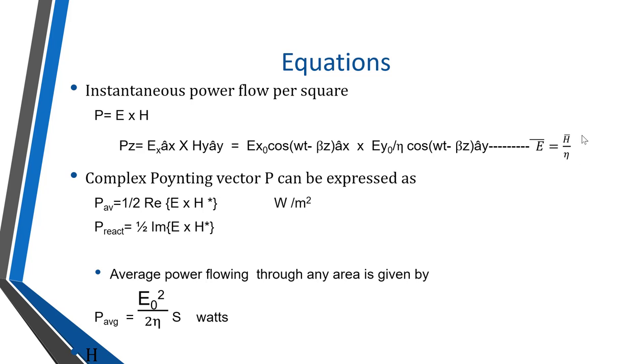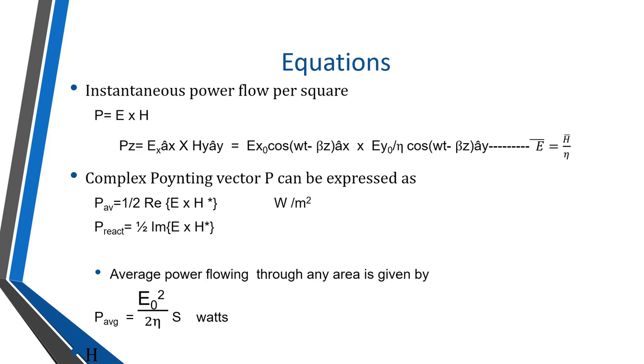Because H bar is nothing but E bar divided by eta, it is a cross product of the ax component and ay component with Ex naught and Ey naught upon eta. Now as this is a vector, P bar can be represented in complex terms because it contains the omega t term, and H can be considered as complex.